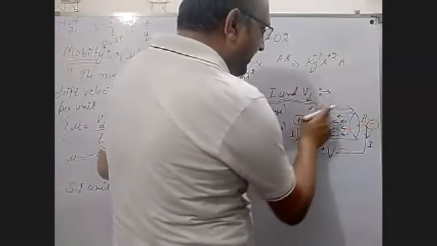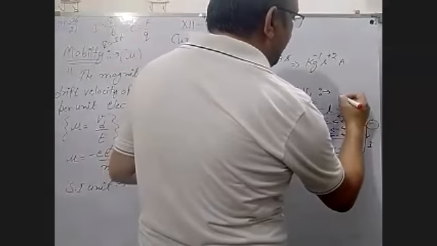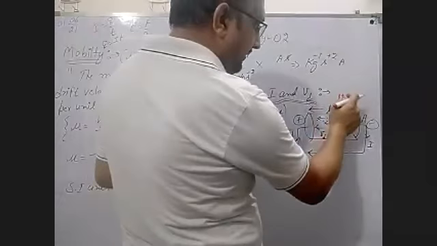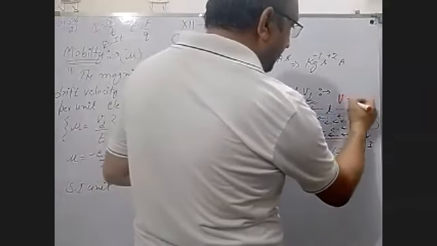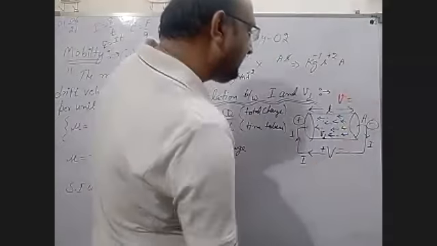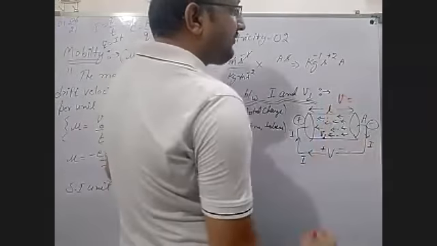A is the area, L is the length. Then we can calculate volume. Volume I denote by V. We have to turn this from the top edge, because V is here for voltage and this V is for volume.